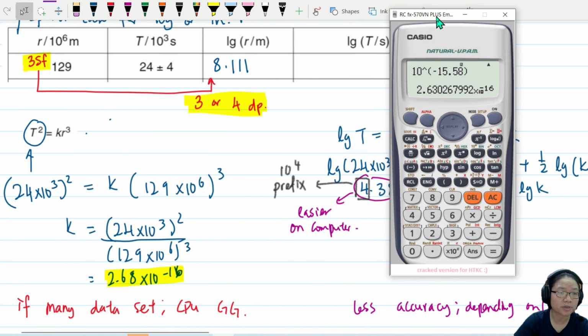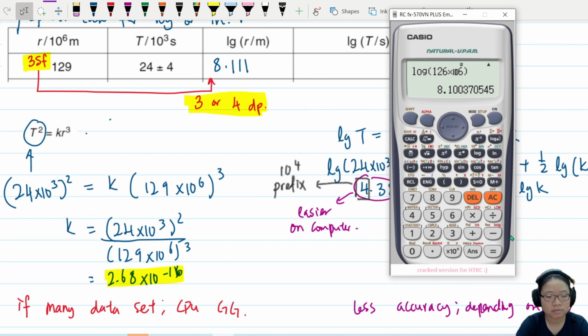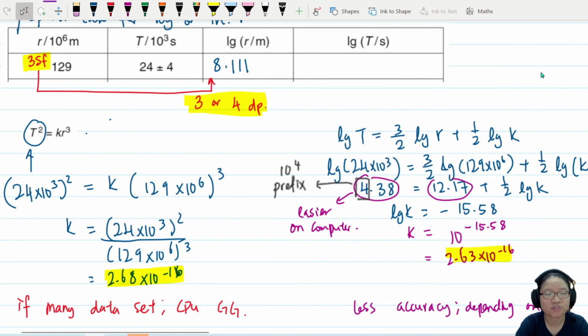Let me press here for you. Log 129 e to the power of 6. 129 e to the power of 6. So 8.110589. So you either write this as 8.111 or 8.1106. Okay, up to you. I prefer less. Less is easier to plot.